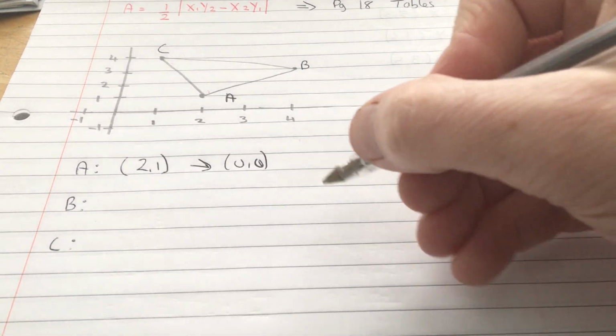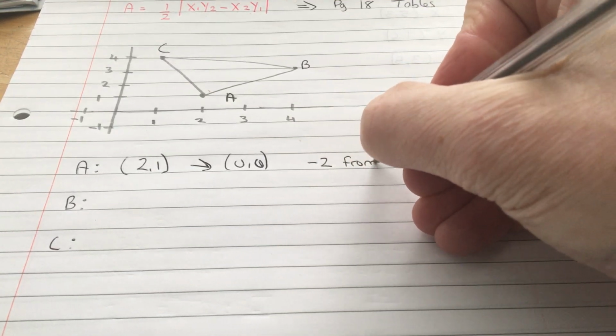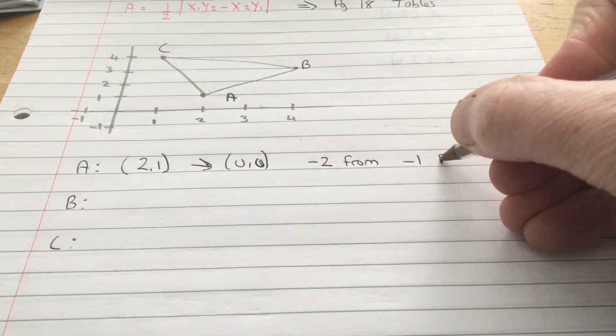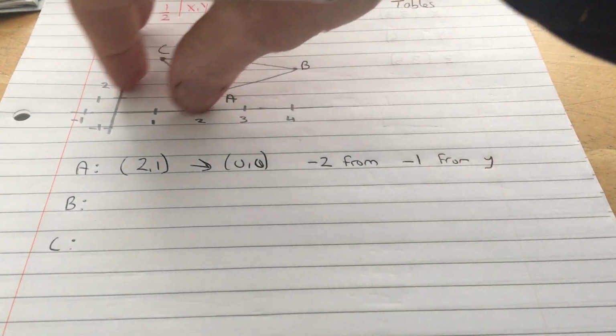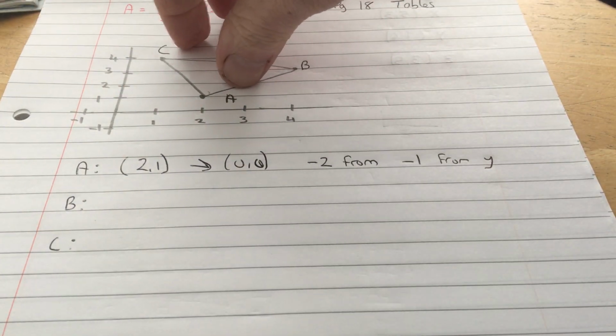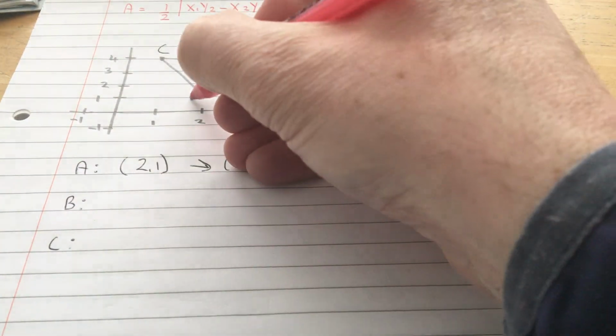So, I've taken 2 from x, and I've taken 1 from y. Now, in a translation, if you can remember from your junior cert, a translation moves a shape in a certain direction. So I'm going to move that triangle in that direction. So I've moved the point A to there.